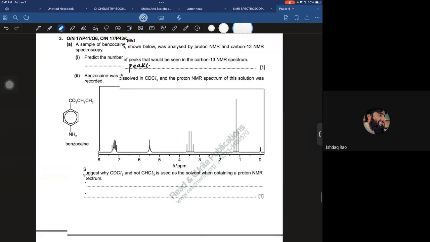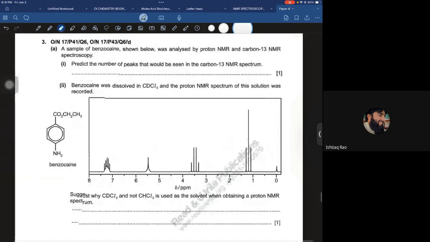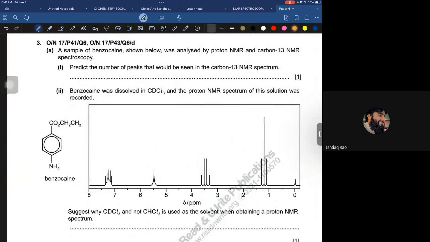See this. This is the question related to this. First of all, he is saying a sample of benzocaine, shown below, was analyzed by proton NMR and carbon-13 NMR spectroscopy. Predict the number of peaks that would be seen in the carbon-13 NMR spectrum.